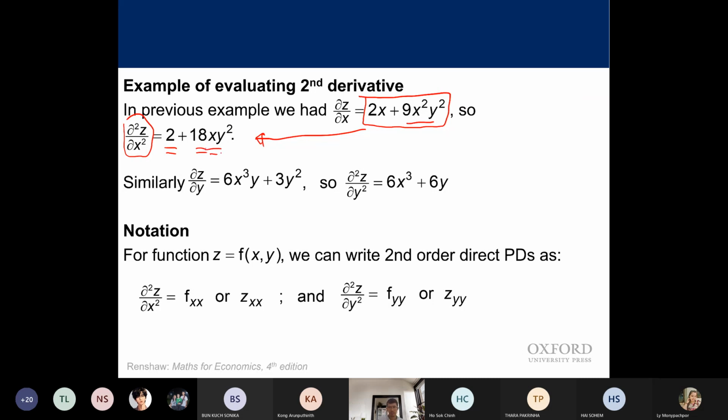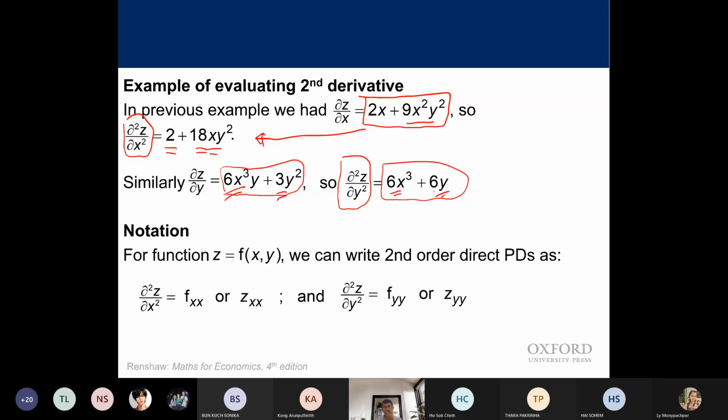Similarly, if you know that the first partial derivative with respect to y is something like this, then the second derivative with respect to y is something like this. Here you differentiate again with respect to y. This is a linear term in y, so once you differentiate, you get only the coefficient: 6x cubed, and this will be 6y.